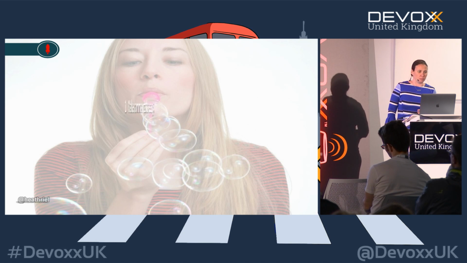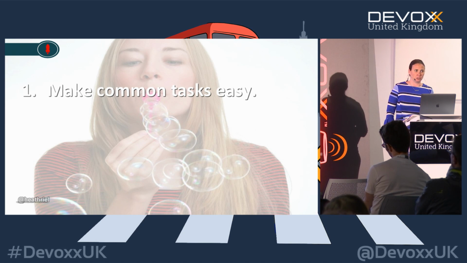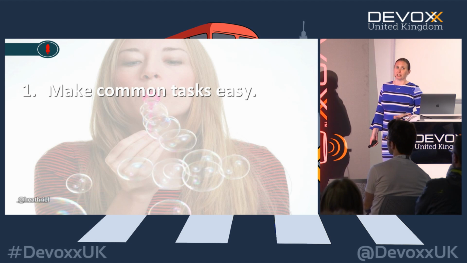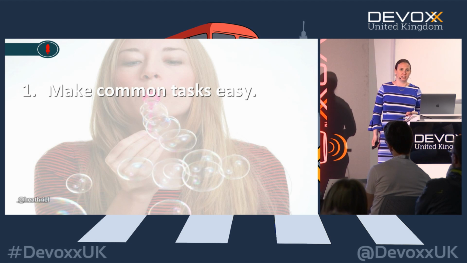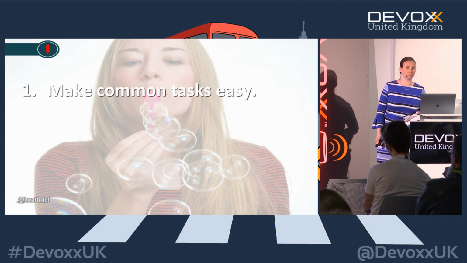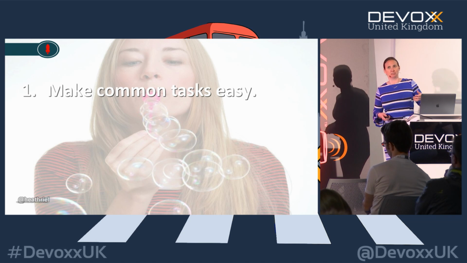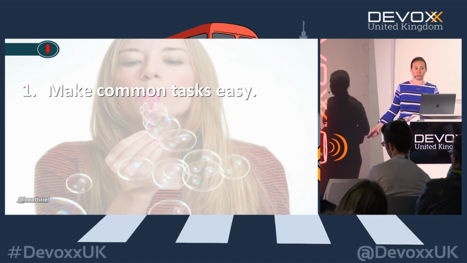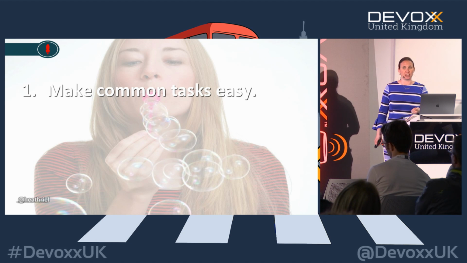So just to recap, in order to create good UI for applications that make people able to use them in a faster, more effective, happier way, you need to make these tasks easier for them to access.